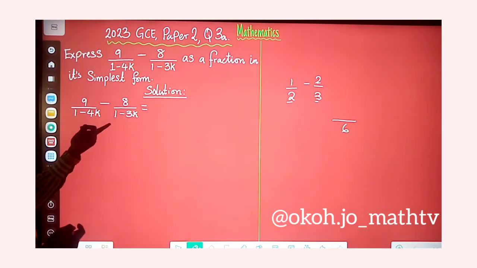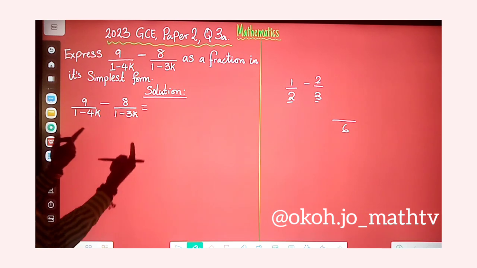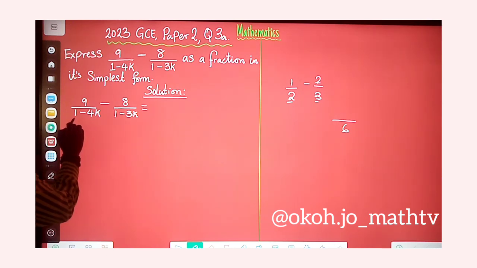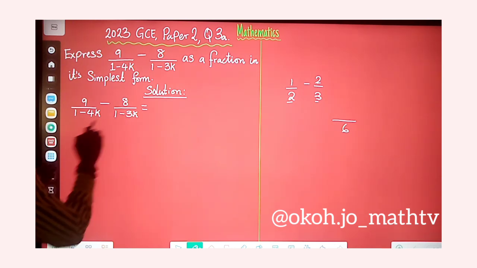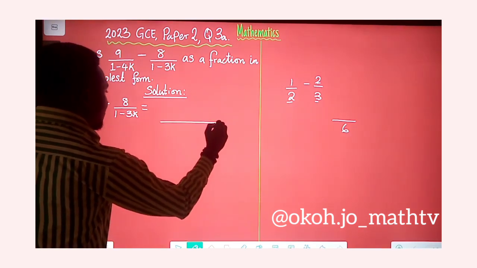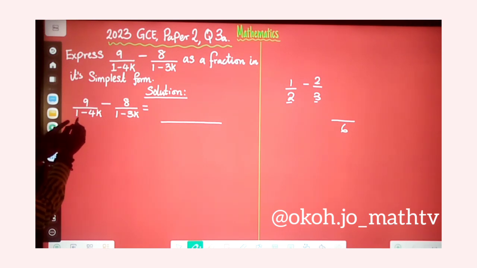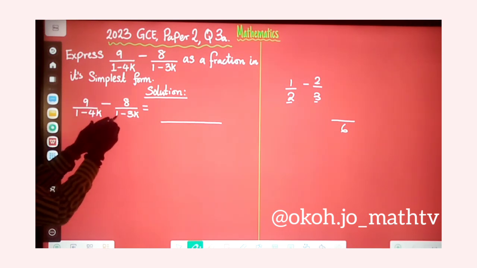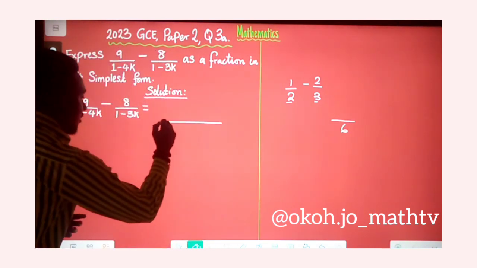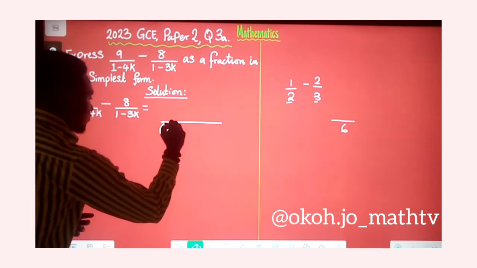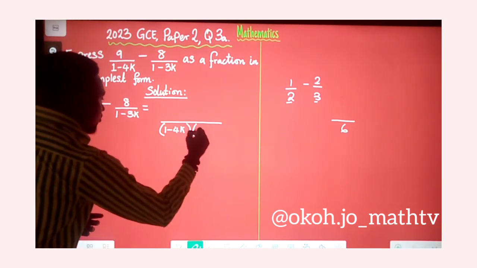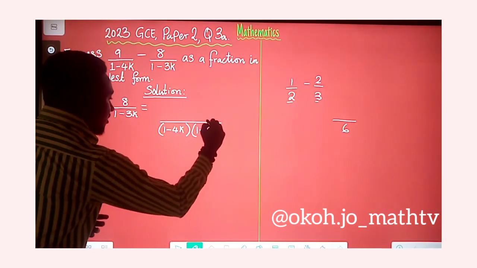So now, how do we find the LCM of this? The denominators are not the same, so we multiply one with the other. Let's first rule a long division line. If we multiply 1 minus 4k times 1 minus 3k, it won't give us a single number, so it should come in brackets: bracket open 1 minus 4k, bracket close, bracket open 1 minus 3k.